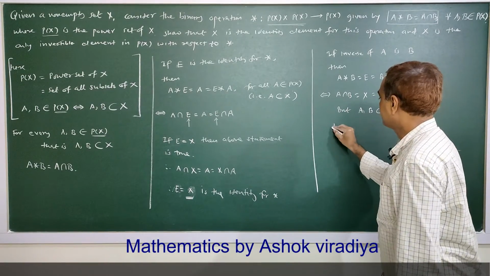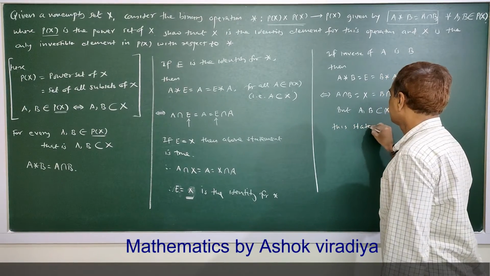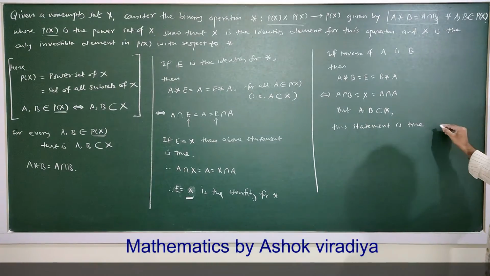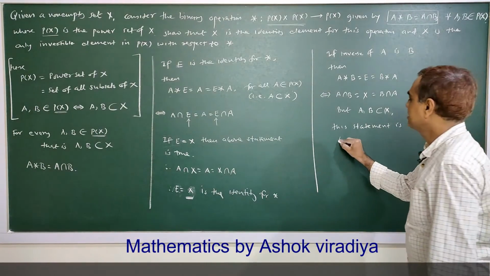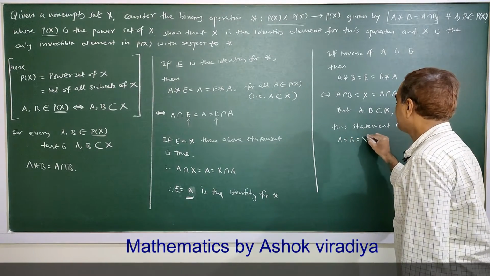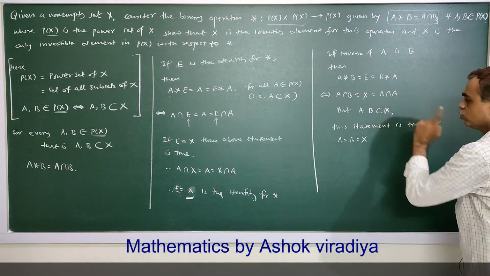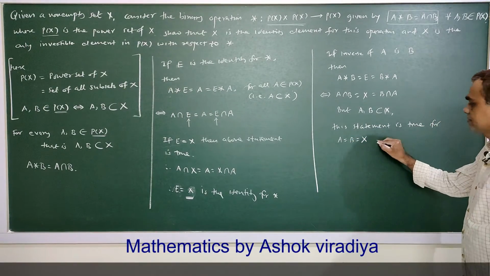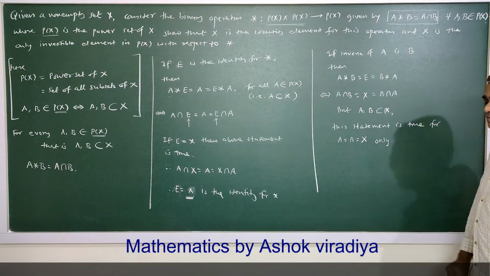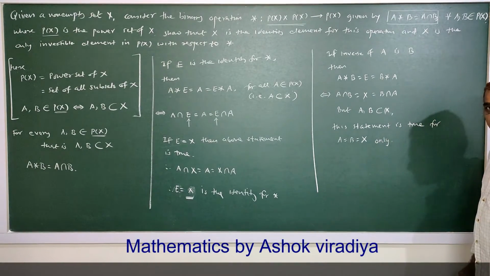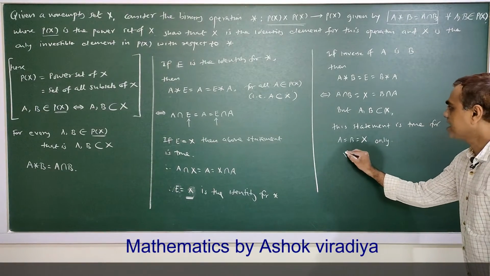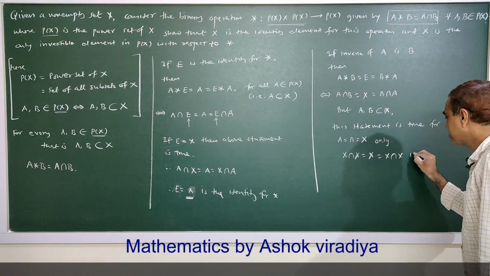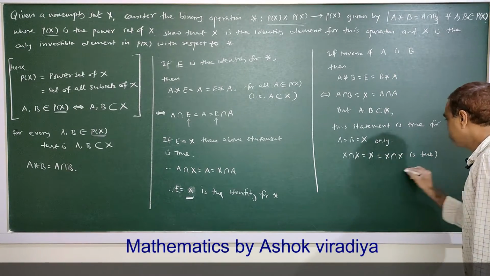This statement is true only if we take both A and B as X. This statement is true for A equal to X, B equal to X only, because A and B are subsets of X. That is, X intersection X equal to X equal to X intersection X is the only case which is true.